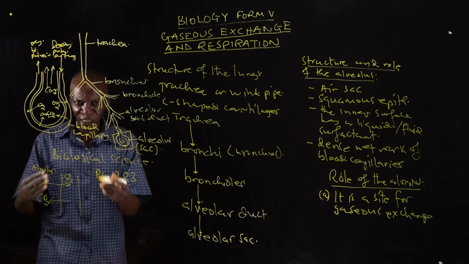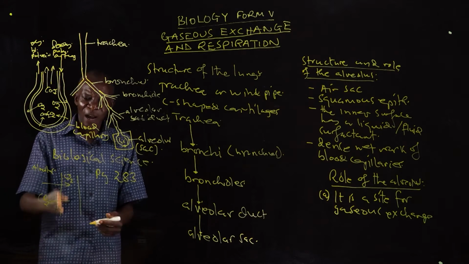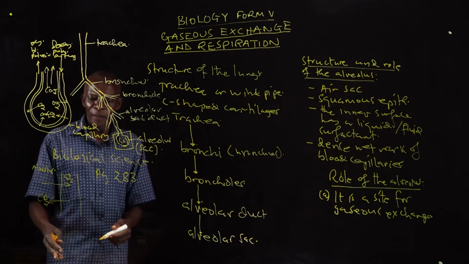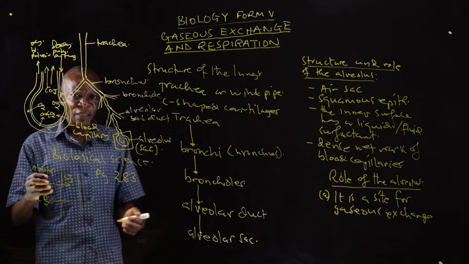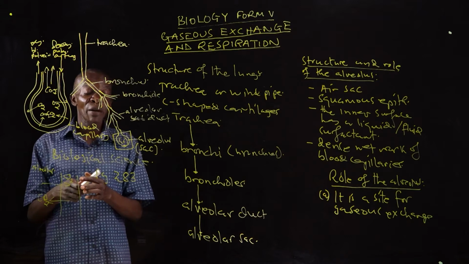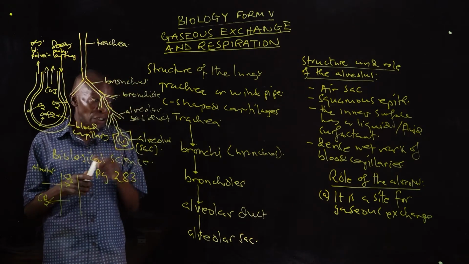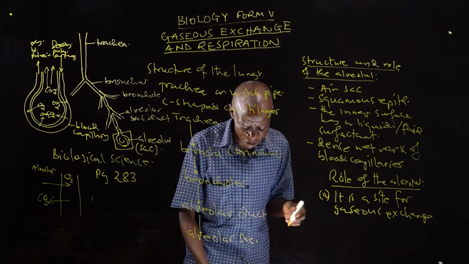Now, this process whereby the two gases are passing across the blood capillary and the alveolar walls is what we actually mean by gaseous exchange. So the first function is that it is a site for gaseous exchange.